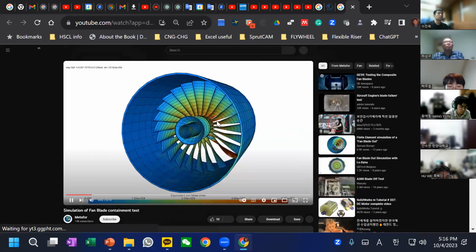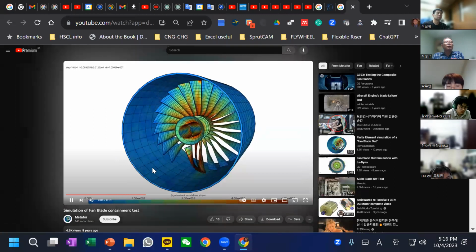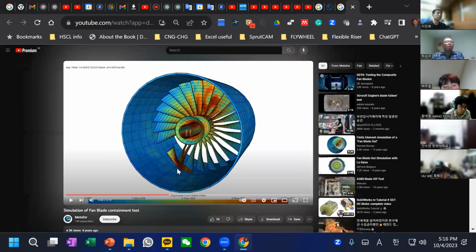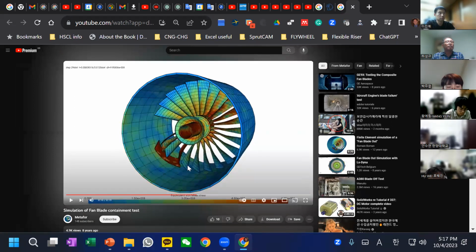So this is all composites, and then there will be some impactor, or one of the fan blades can be dropped off, and this is the simulation of a containment.